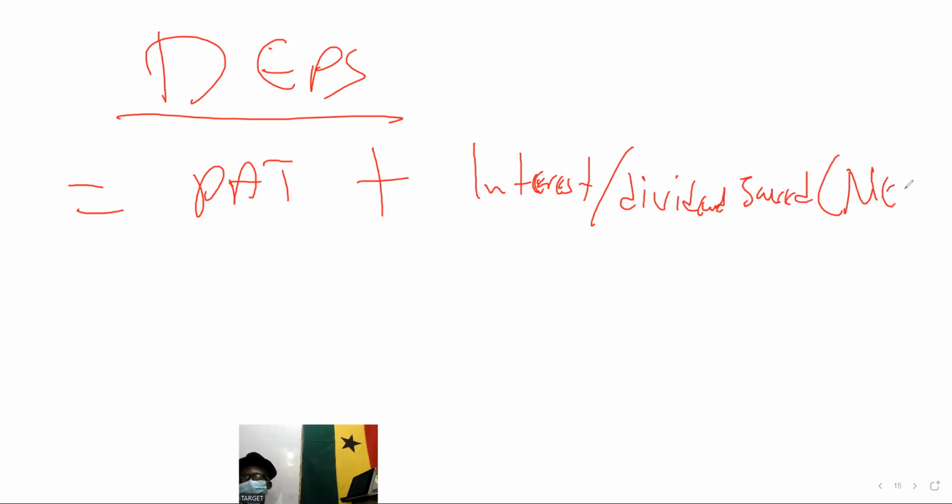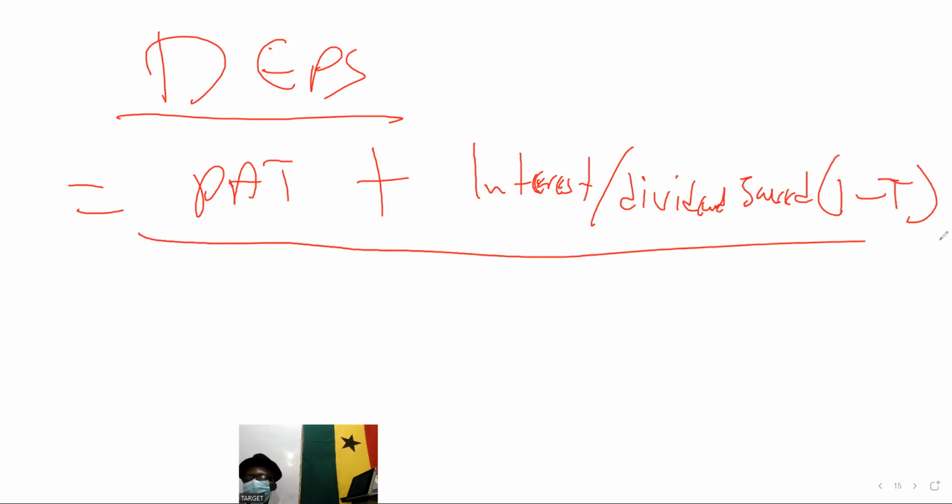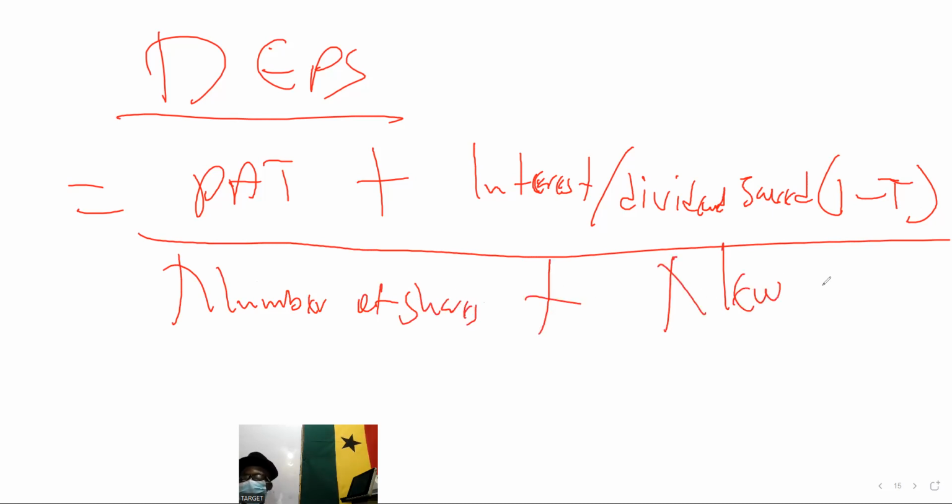Here, net of tax, not net after tax, net of tax. You can just say 1 minus t, that's net of tax. All divided by the number of shares plus the new shares. I can explain the formula.